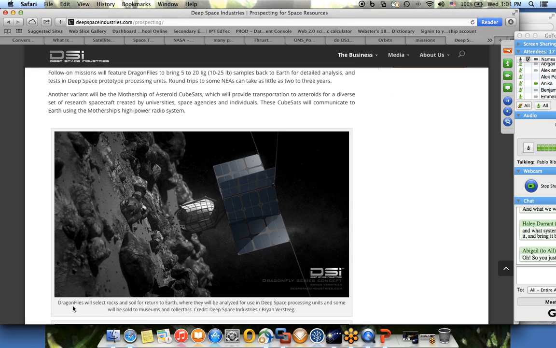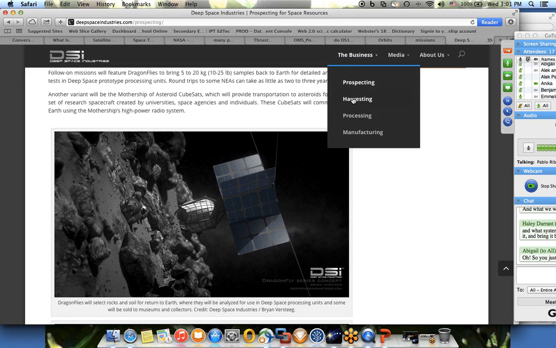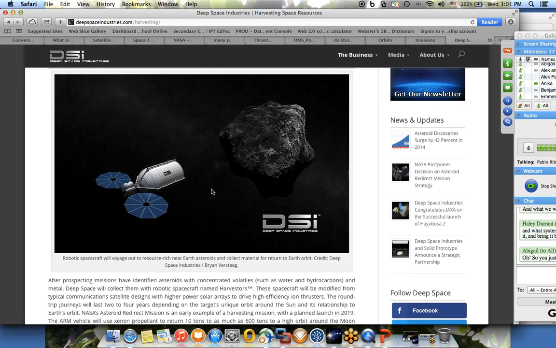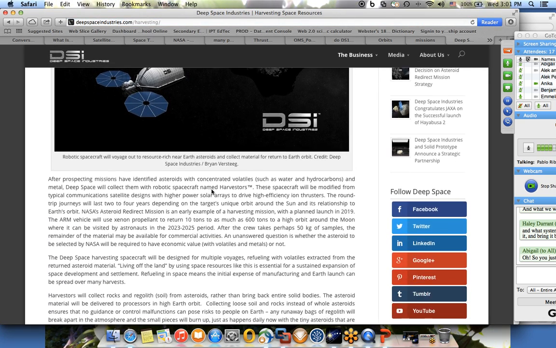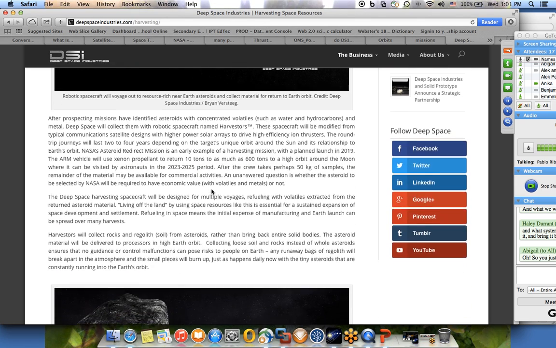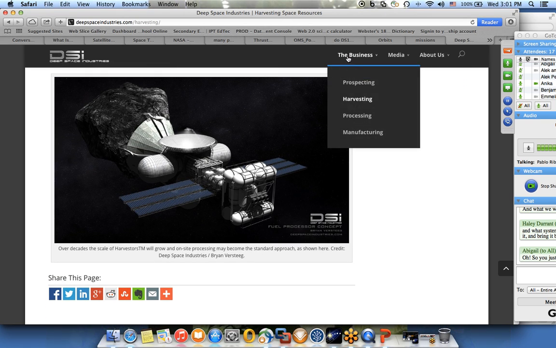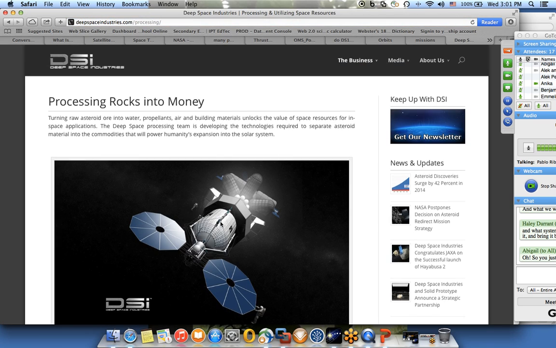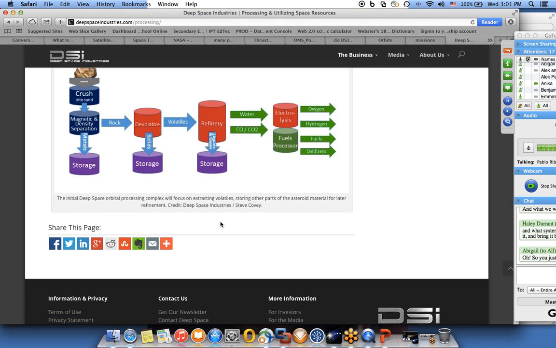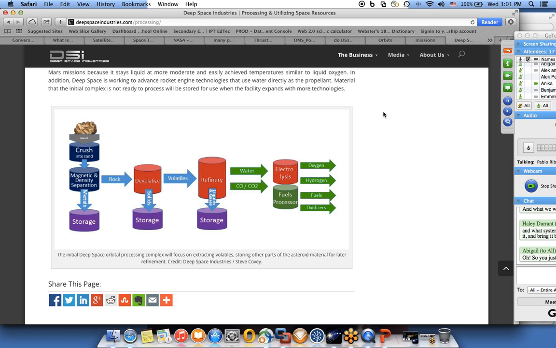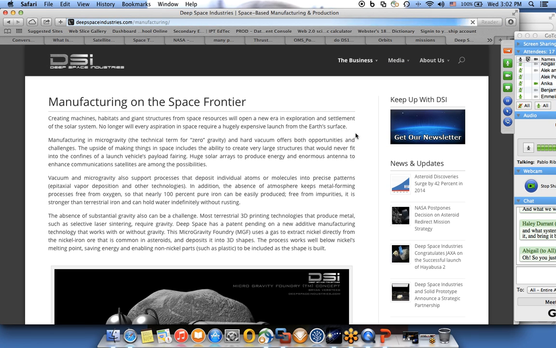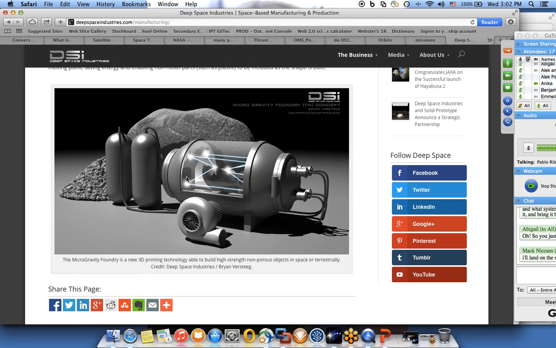Then you would have the Dragonfly that was for harvesting. That is actually a completely different mission because it's a lot more difficult. Now you are talking about landing, extracting material, processing it, and everything. And then the manufacturing, if you are going to manufacture fuels in space.